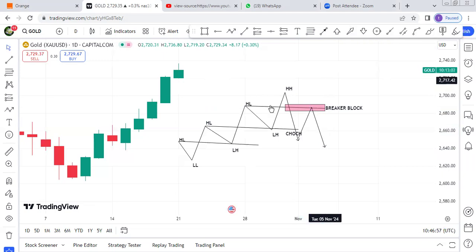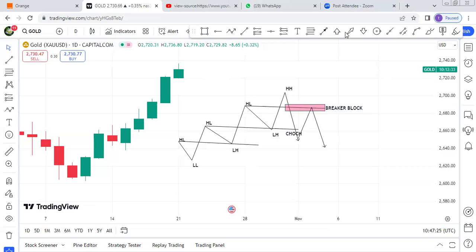On the breaker blocks, there are so many things that you might find: liquidity voids, inefficiencies, or efficiencies on that level. So when the market breaks the previous low and goes back to the breaker block, we say the market has now changed character.